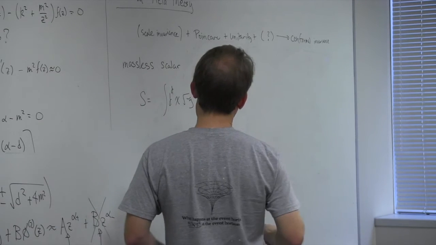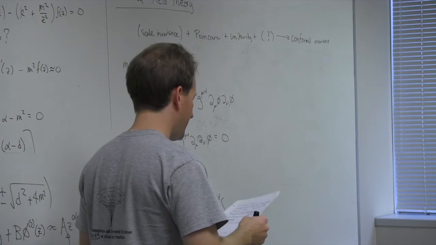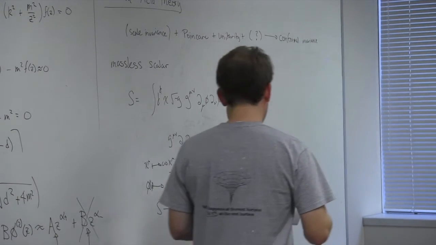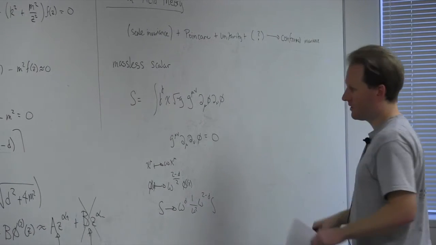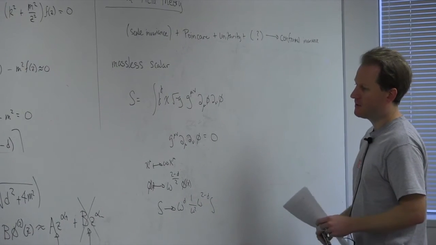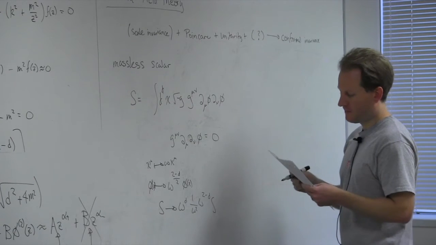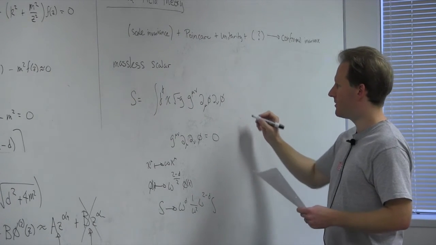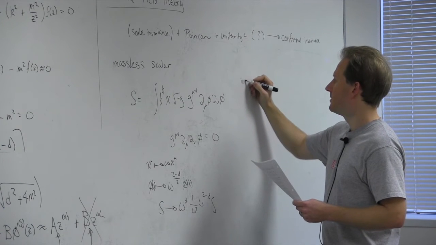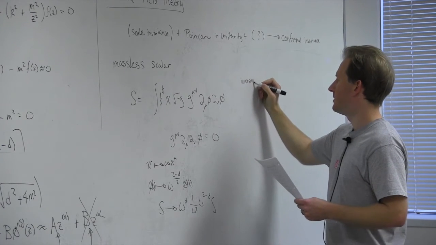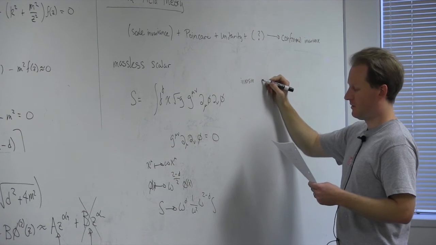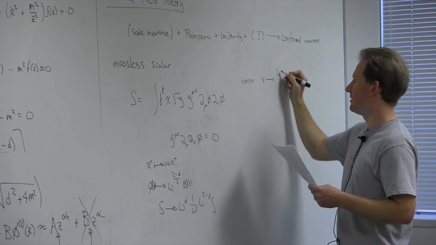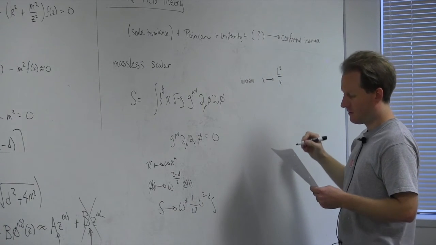But the conformal group is more than just scaling plus Poincare. There's another example of a transformation that is a symmetry, and that is inversion. So x goes to L squared over x, basically.